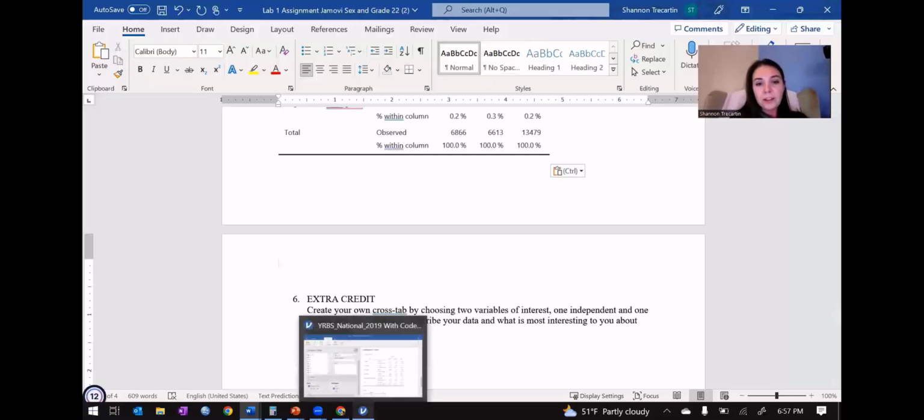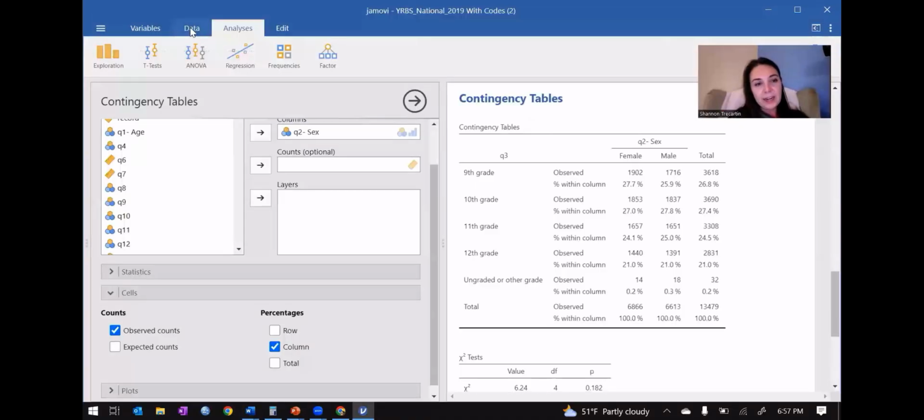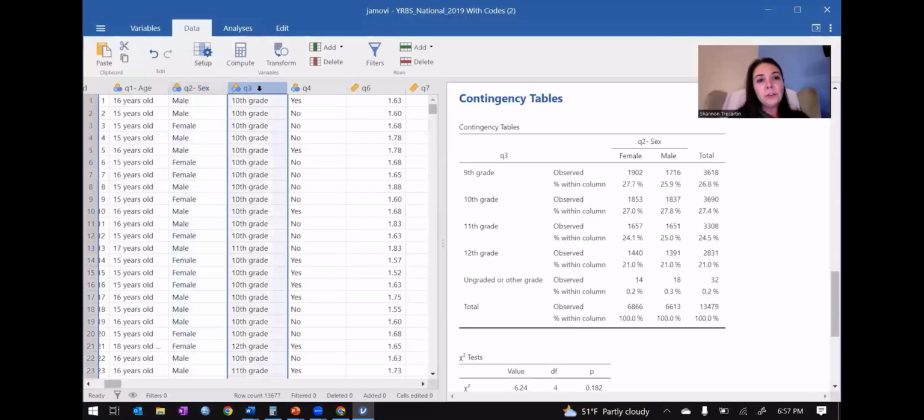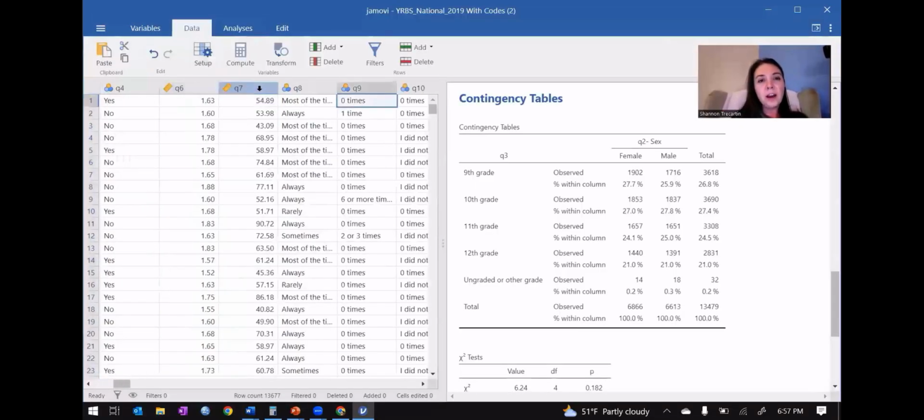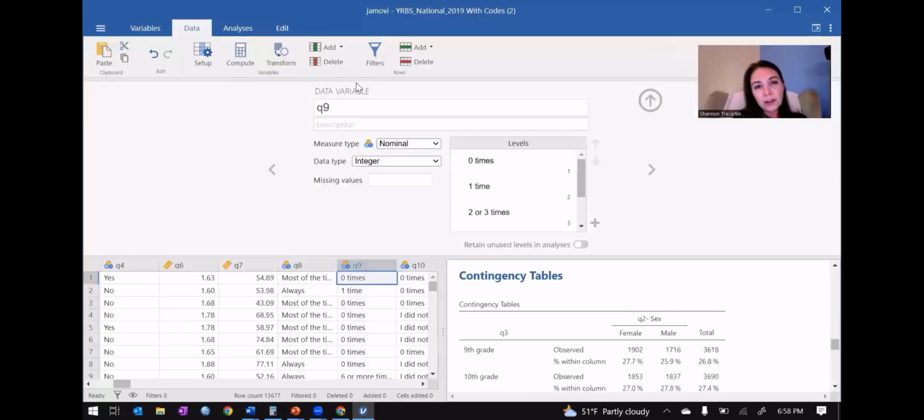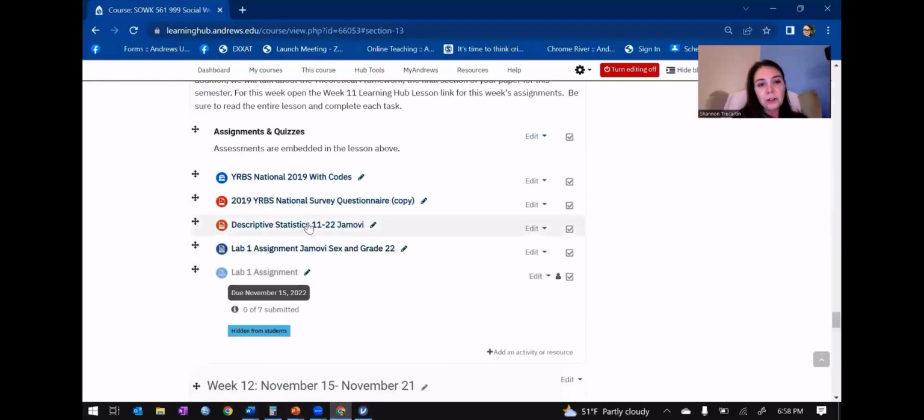Okay. If I look at Jamovi and I go back to the data, you notice there's Q3, Q4, Q6. The answers are here, but the label for the question is not here. If you want the label for the question, you need to go to Learning Hub, and it says the 2019 Youth Risk Behavior Survey.